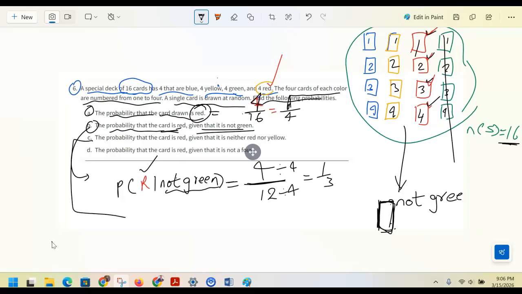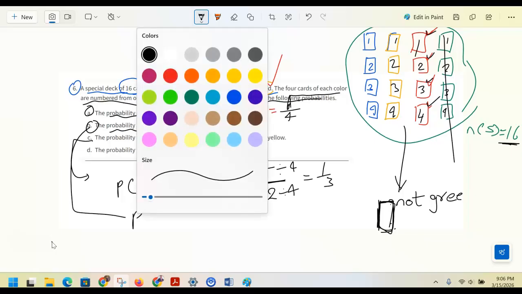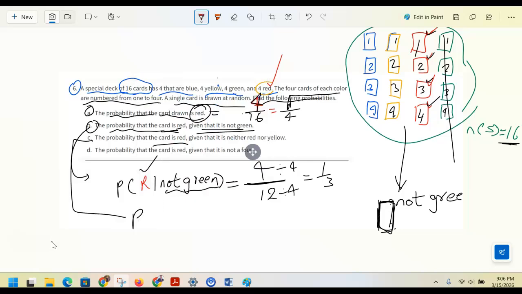Then question number C says probability the card is red. So again, it's going to be a red card, but it is given that it is neither red nor yellow. So I will say not red and not yellow also.